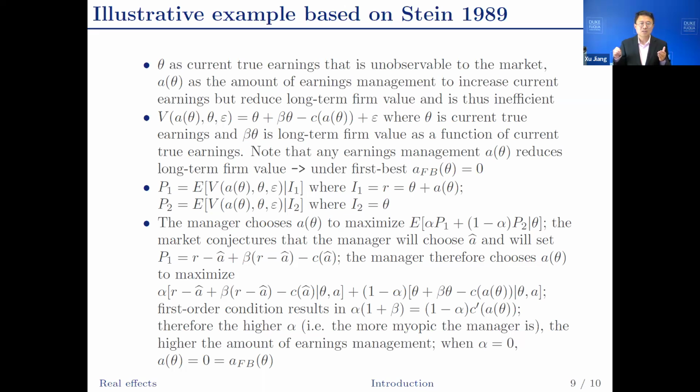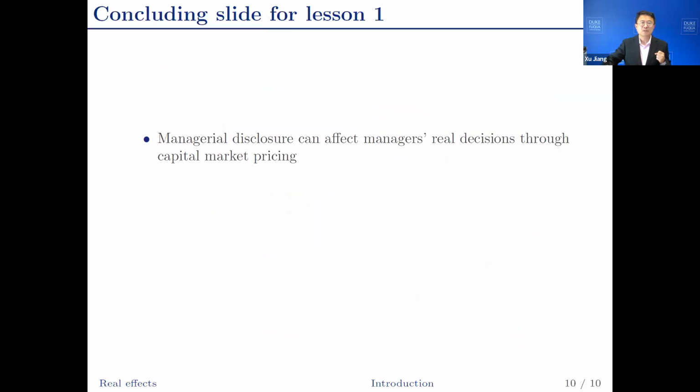We can also see that the higher alpha is, which means the more myopic the manager is, the higher the amount of earnings management. When alpha equals zero, when the manager is not myopic at all, then we again go to the first best, and there is no earnings management. To conclude, managerial disclosure can affect the manager's real decisions through capital market pricing.